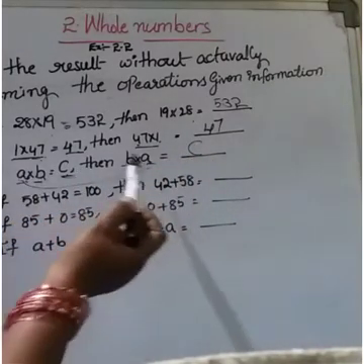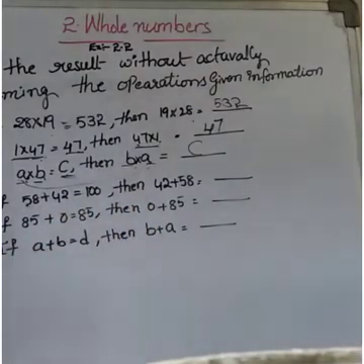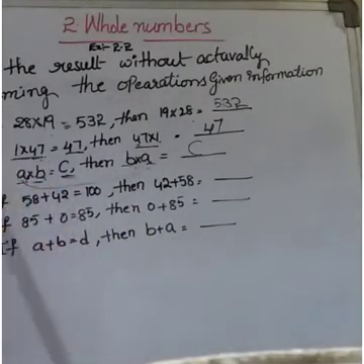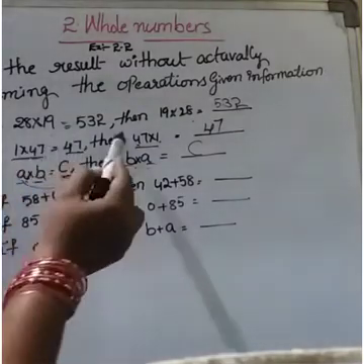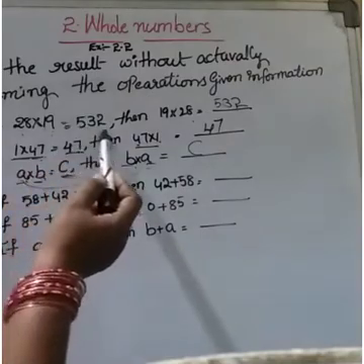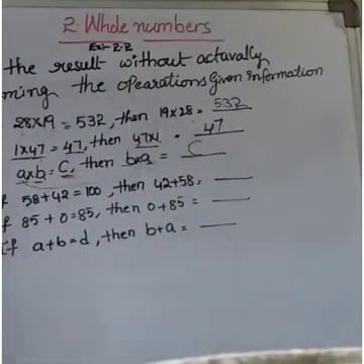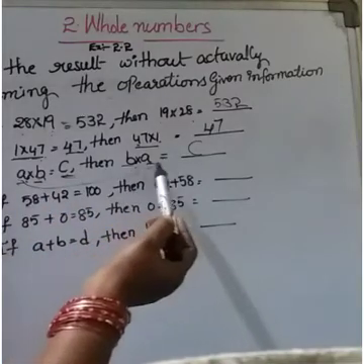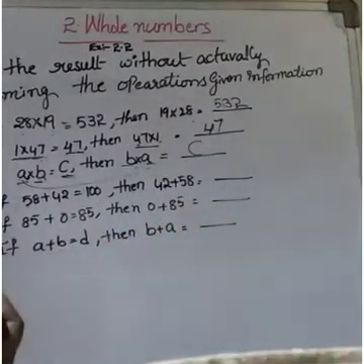Next, the third one. This is multiplication. Here we have to use the property of multiplication. 28 into 19 equal to 532. 19 into 28 is equal to 532. A into B is equal to C, B into A also C. This is the property of multiplication in whole numbers.